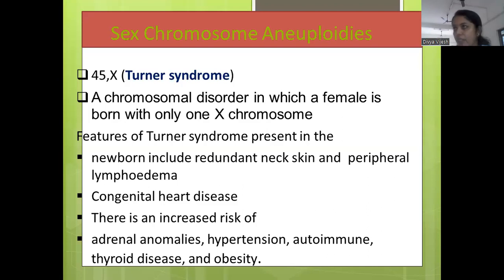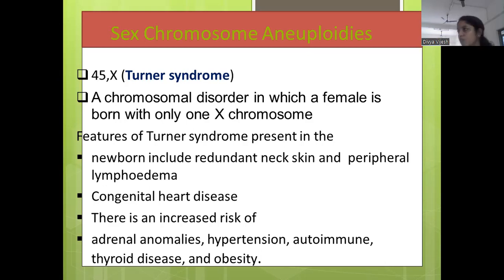As we have already discussed, Turner syndrome is a chromosomal disorder in which a female is born with only one X chromosome, whereas females normally have two. Features in the newborn include redundant neck skin, peripheral lymphedema and congenital heart disease.